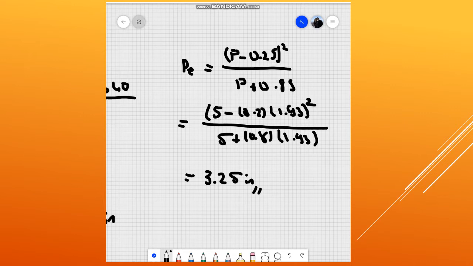In this question it's very easy. We just need to see the tabulated form of AMC2, and we need to substitute these numbers into our equations, and we will find our direct runoff as here.